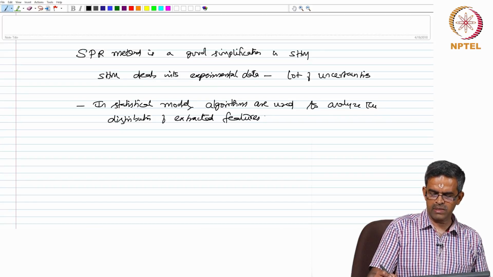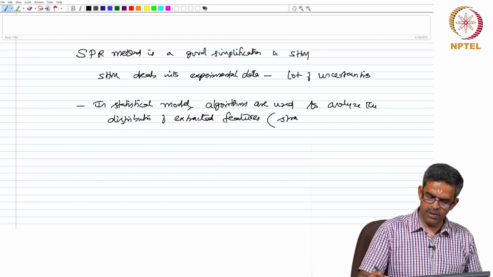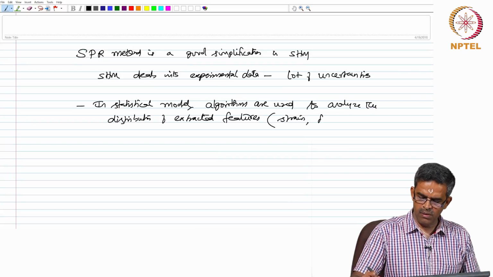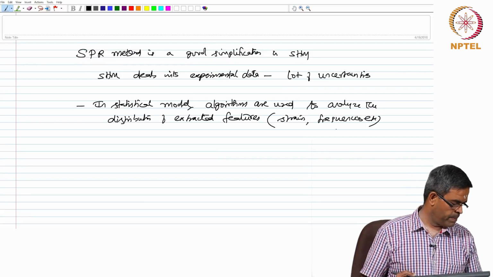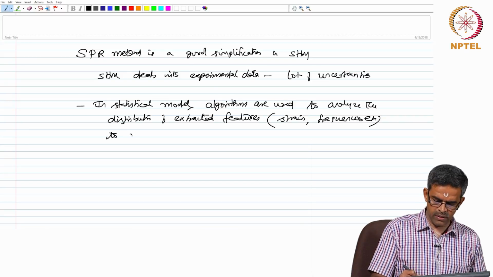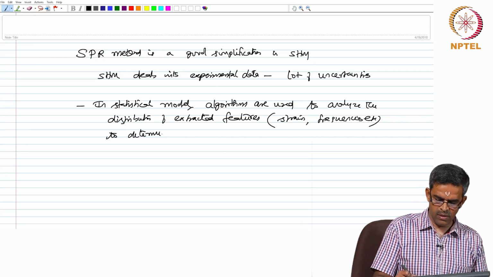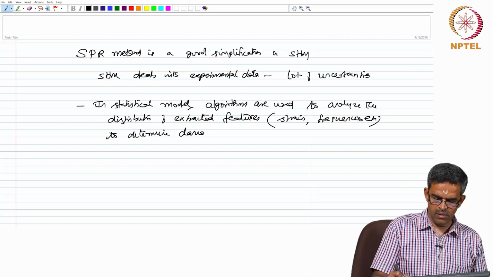What are the normal extracted features? Maybe the strain measurements, maybe frequencies, etc., to determine the damage location.